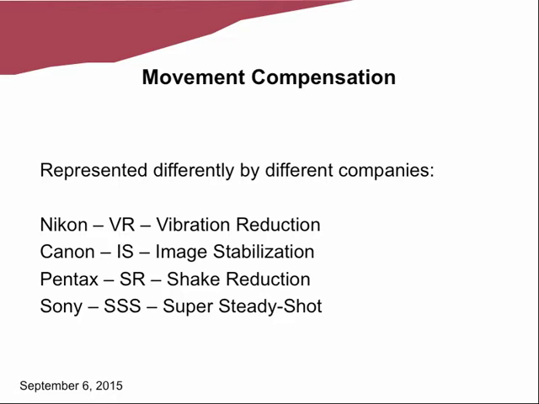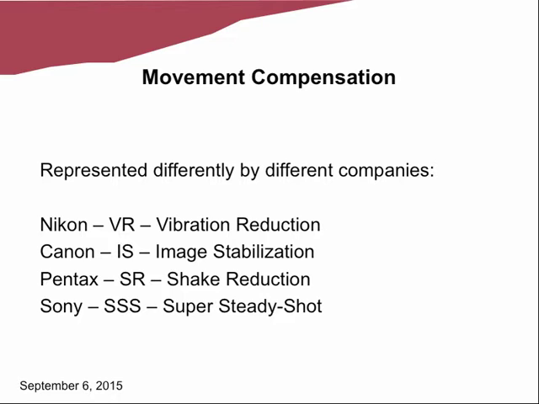Essentially, that just means each individual company has its own name for what they refer to as movement compensation. For example, in our class, we are using Canons. So I tend to use Canons. In work, I've used other cameras, like larger JVCs and Panavision cameras. But for what we're using here, Canon.